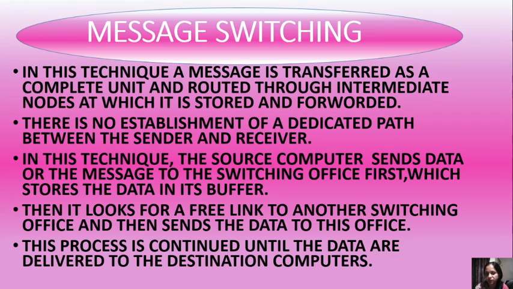Then it looks for a free link to another switching office and sends the data to that office. Office means a particular node between the sender and receiver ends. This process is continued until the data is delivered to the destination computer. So this is message switching.